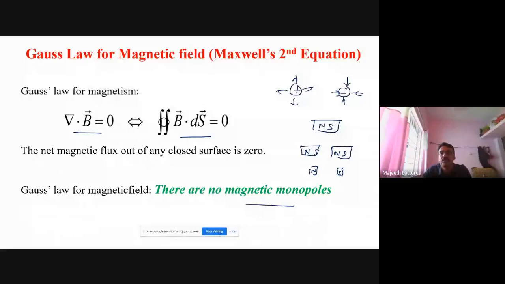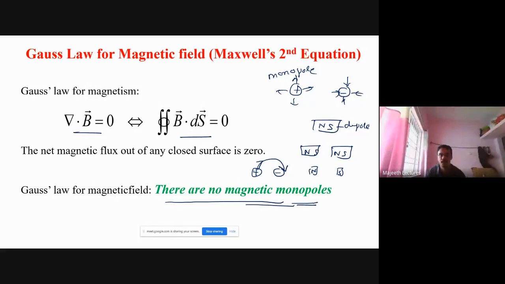A monopole is only one polarity, positive or negative. It is always a dipole, north and south. So magnetic charges will always be dipole only. That is very important. When there is a dipole, it is always closed. Here one plus, here one minus, so the field goes from plus to minus, starting at plus and ending at minus. Since divergence is 0, there is no magnetic monopole.